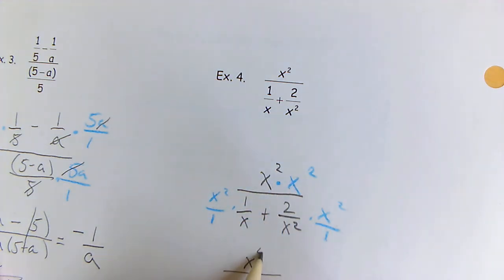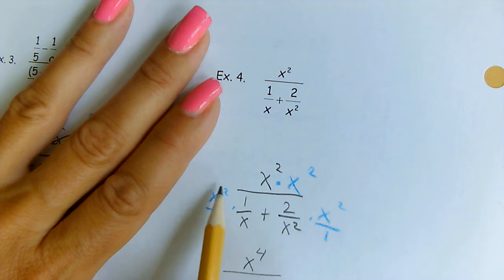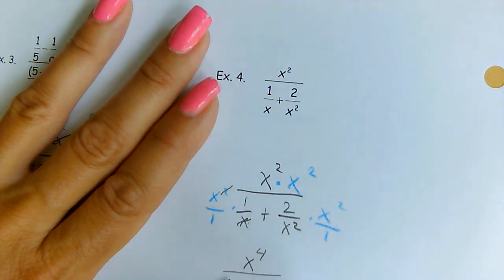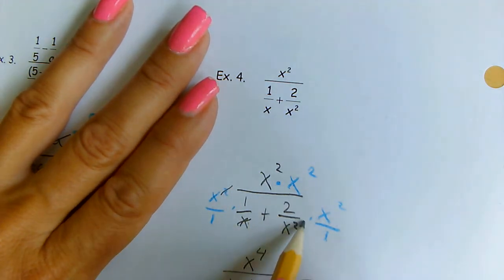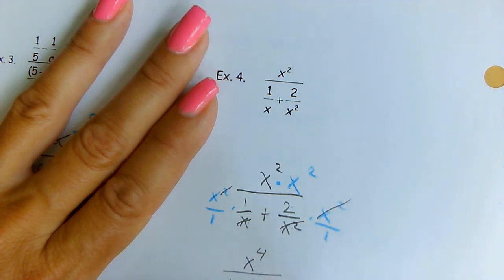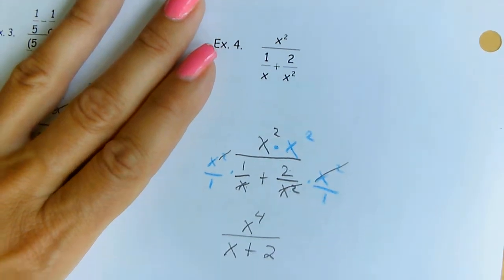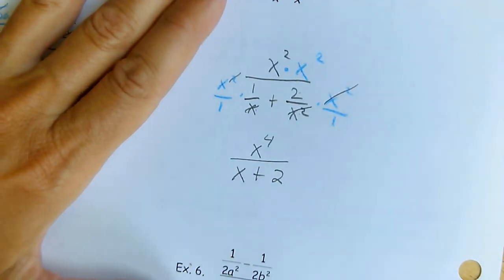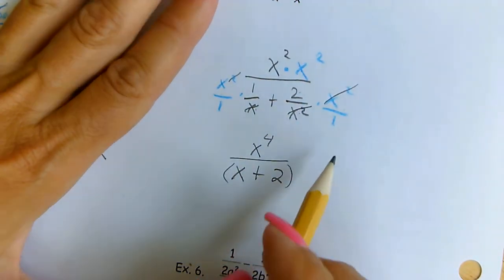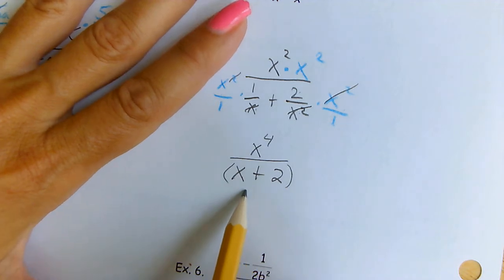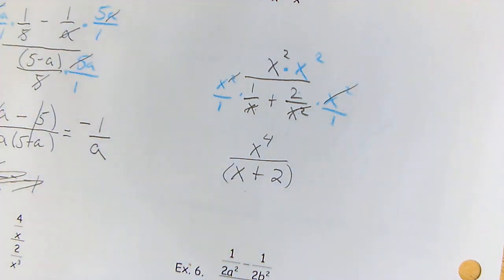This goes to x to the 4th. Here, 1x will divide out. I'll be left with x. Here, my x squares simplify, and I'm left with 2. This is already simplified. I cannot simplify this any further.